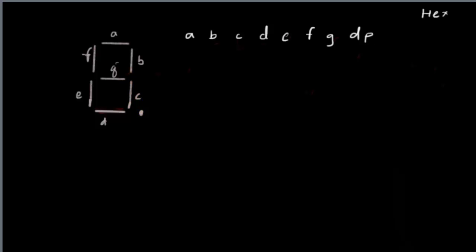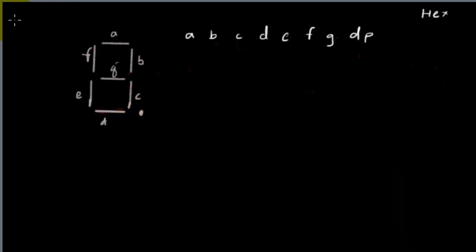Now let us go ahead and say we want to display the number 0. So in order to display the number 0, what you could observe is A should be turned on, B should be turned on, C should be turned on, D, E and F as well. Only the segment G and the decimal point need not turn on.